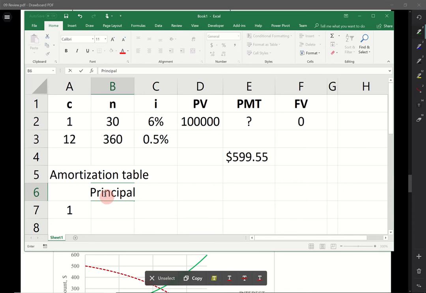So there's some principal. And then on that principal, you owe interest. Okay, and so let me not worry about that right now. And then we know, I'll just type in excess principal, excess PMT.